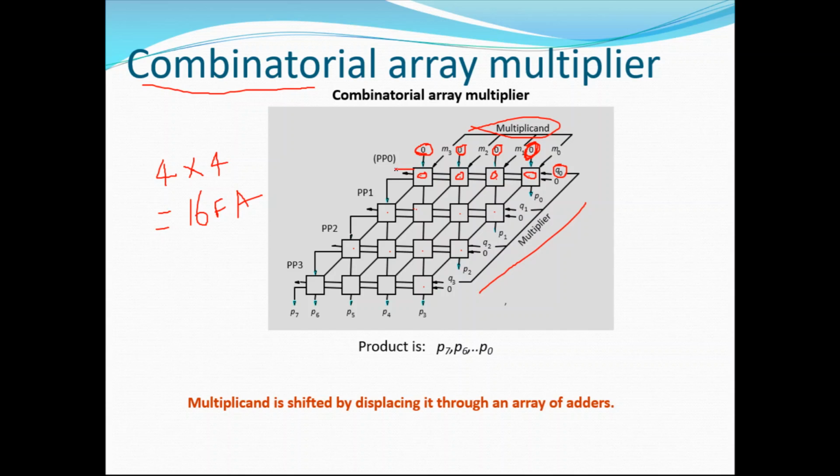That is the first level of partial product. Then Q1 will be multiplied with M0, and that will be added with the previous partial product. There is one shifting done here. There is no full adder at this position in this level, so it is added with the corresponding bit of the partial product.